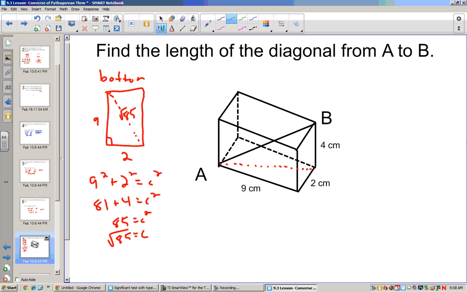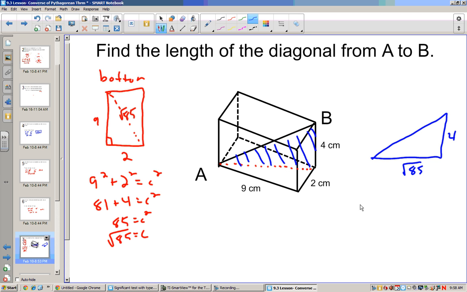Now that creates another right triangle through the middle of our box that I shaded in blue here, where we have a right triangle where the yellow dotted line on the bottom, that distance, is the square root of 85. It's 4 high.